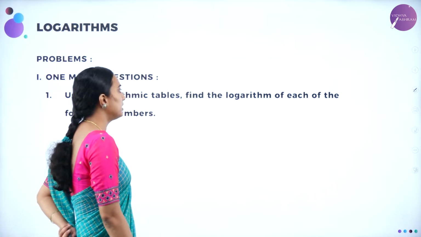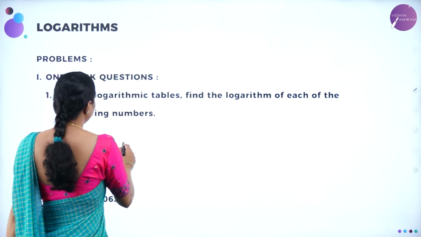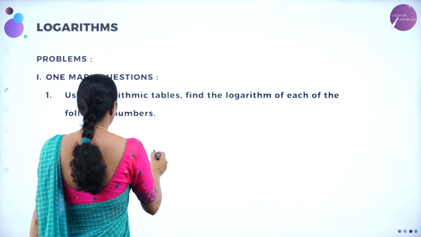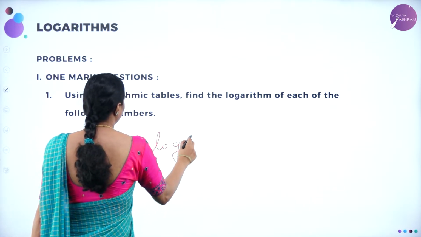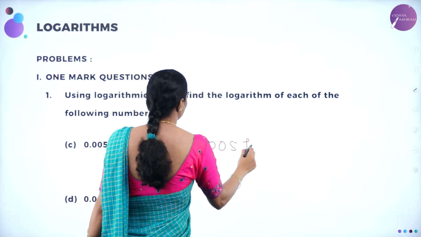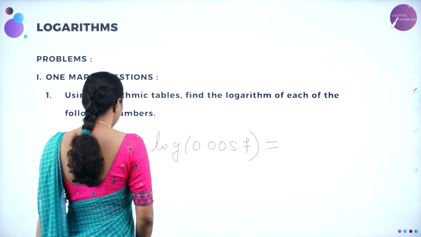Using logarithmic tables, find the logarithm of each of the following numbers. Here they have given log of 0.0057.